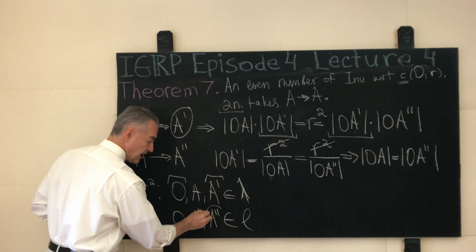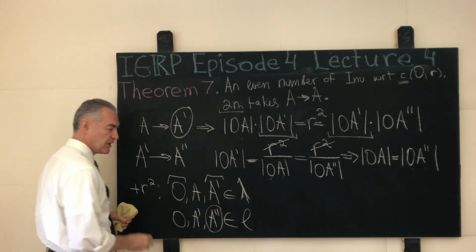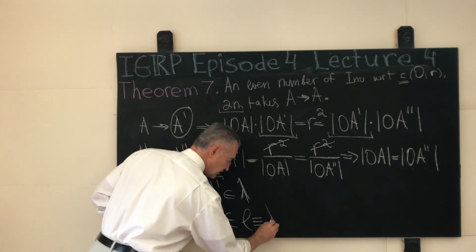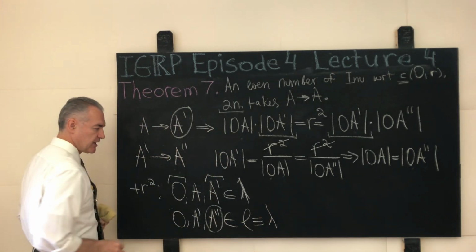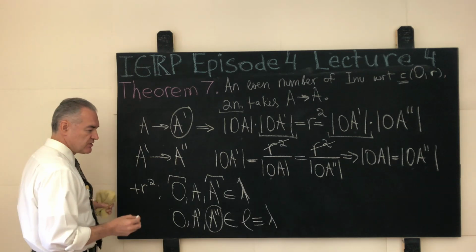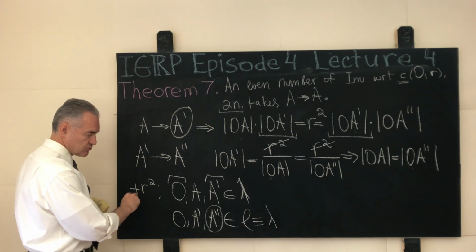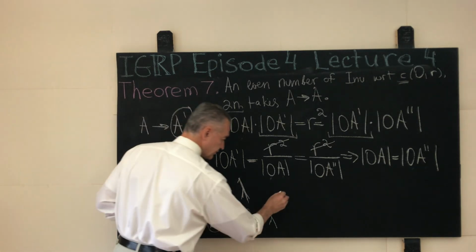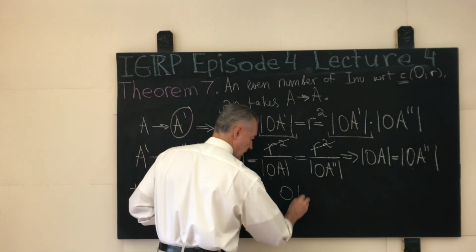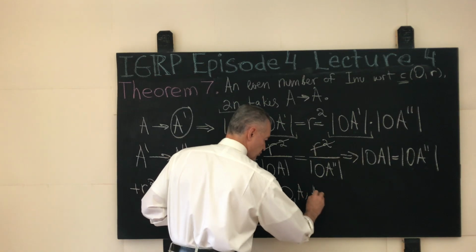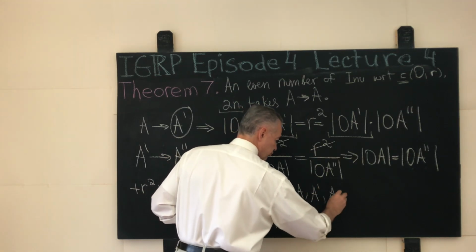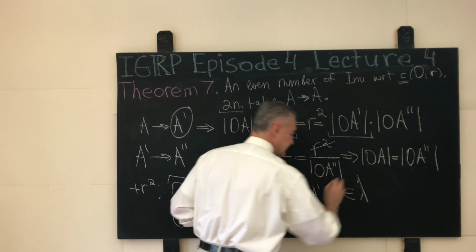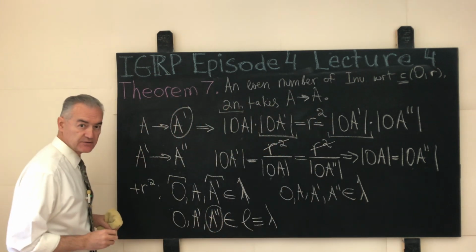So the point A prime prime must also belong to one and the same straight line lambda. And what does that mean? Well, in general, regardless of what the power of inversion is, we just proved that all the points O, A prime, and A prime prime are collinear, and they belong to one and the same straight line lambda.